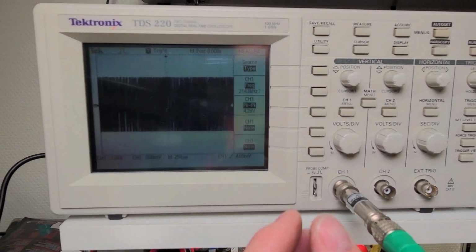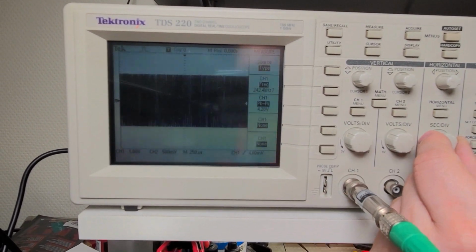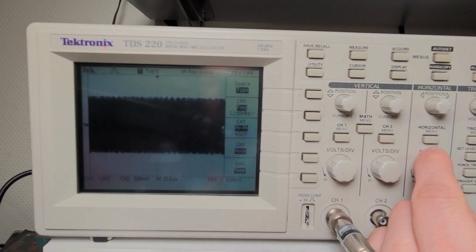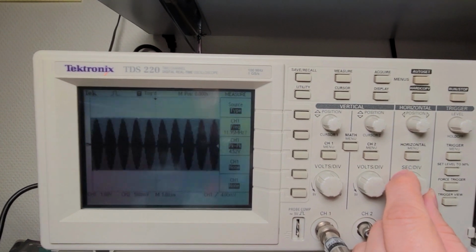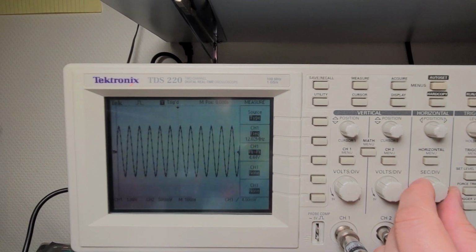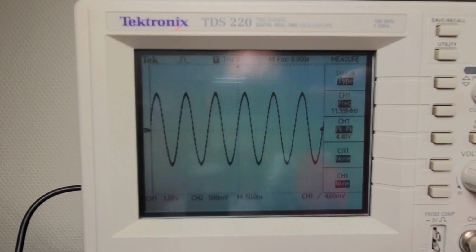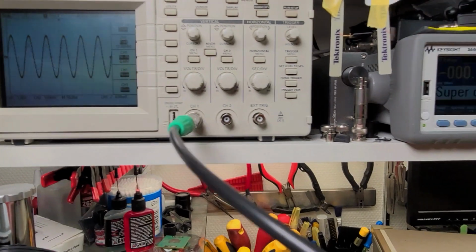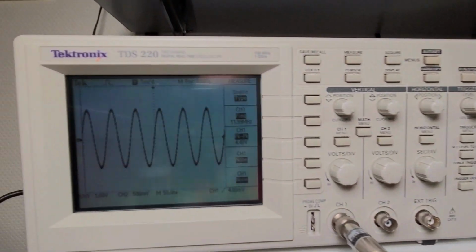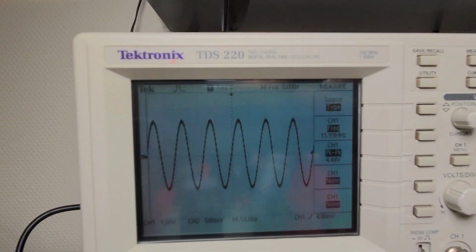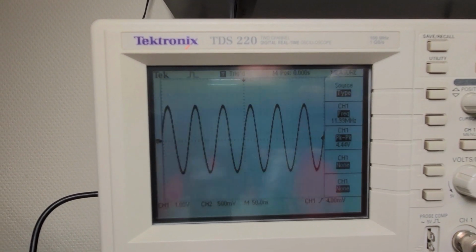The scope's freaking out, so let's just change the time base. There we go. What's that saying? 12 megahertz, 4.44 volts. There's a little bit of loss in the RG58 cable at the higher frequency, so that's not a problem. So that is looking good.